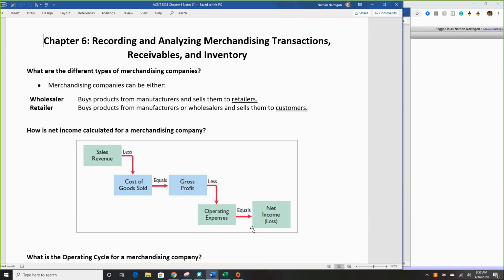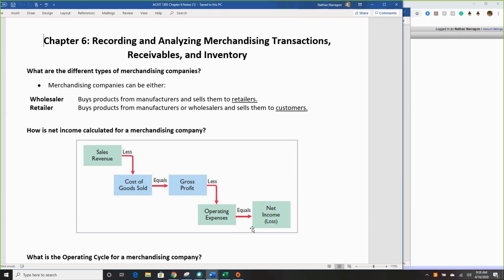The wholesalers are going to buy products from the manufacturer and sell them to retailers who then sell them to customers. The way that they compute net income is just slightly different than a service company, and that's where we end up with cost of goods sold to gross profit.